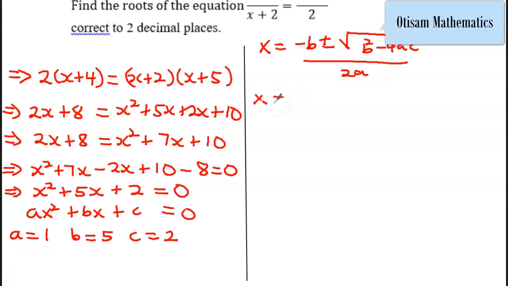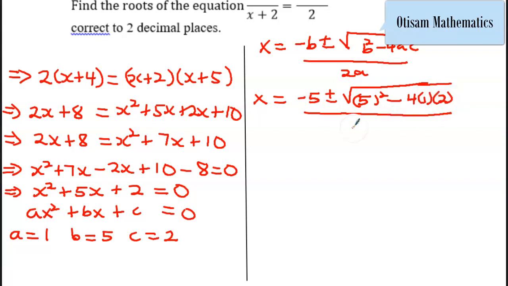So let's substitute the values: minus 5 plus or minus the square root of 5 all squared minus 4 times 1, since a is 1 and c is 2, all over 2 times 1.